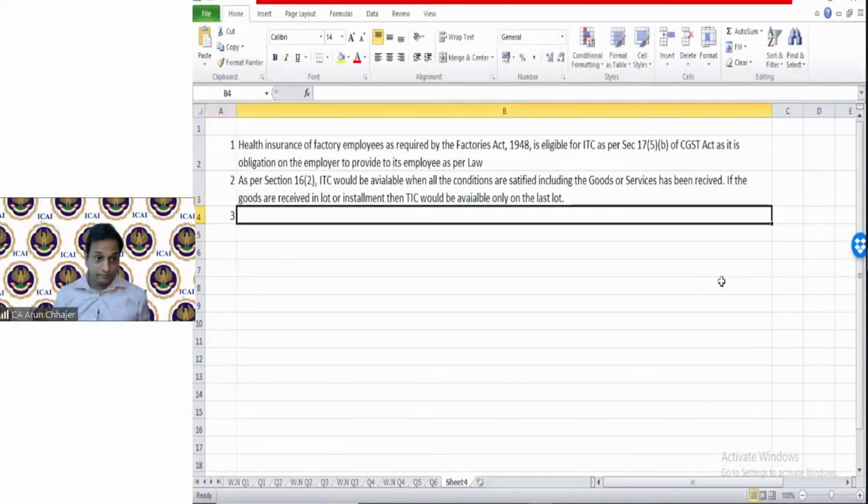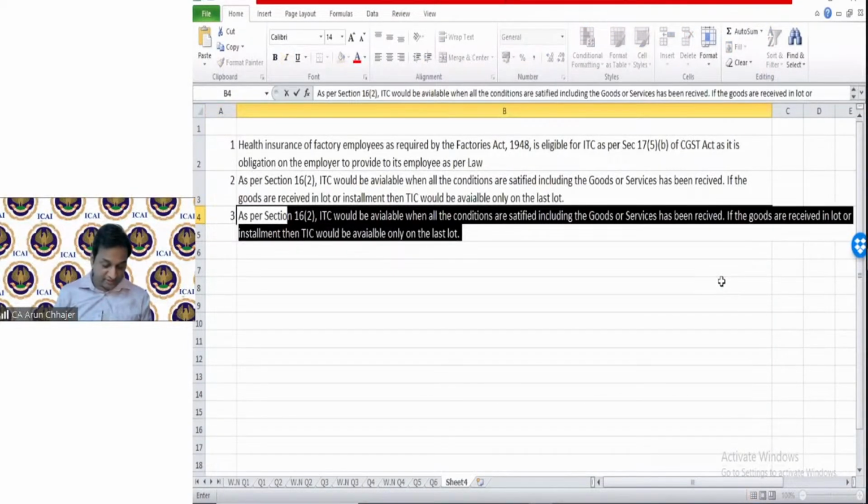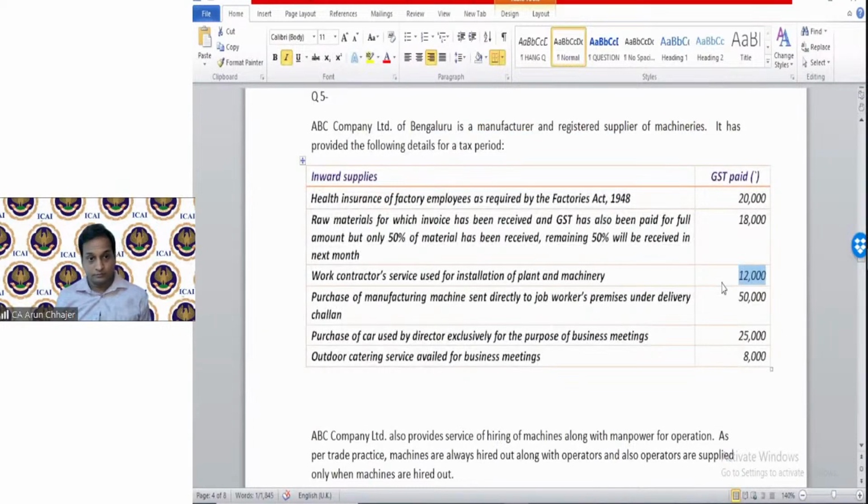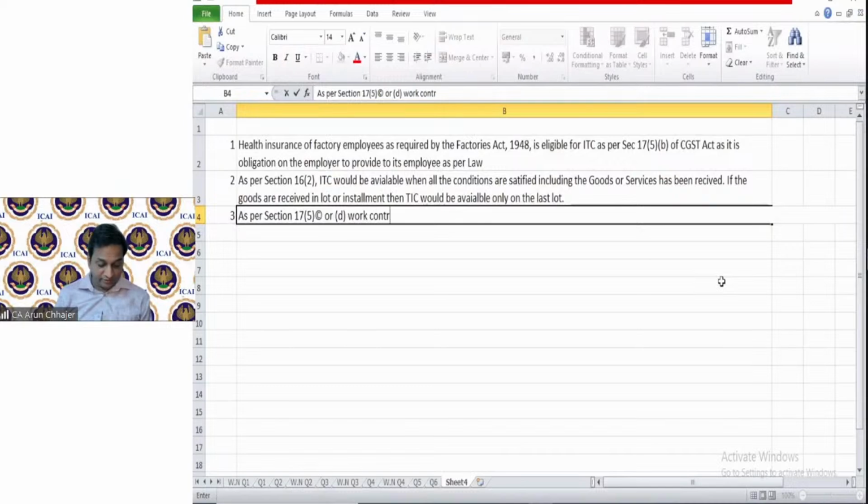The answer is as per section 17 subsection 5 clause C or clause D. Work contract service for construction of immovable property falls under the blocked category, except plant and machinery.